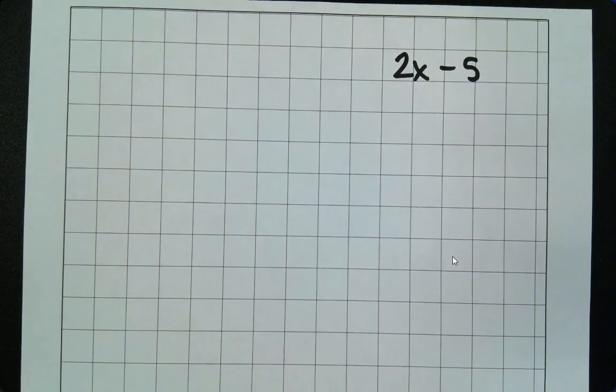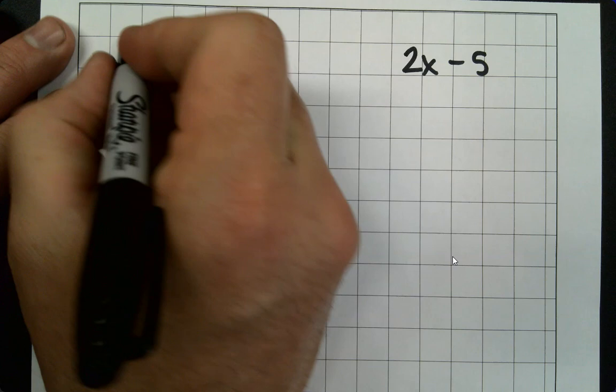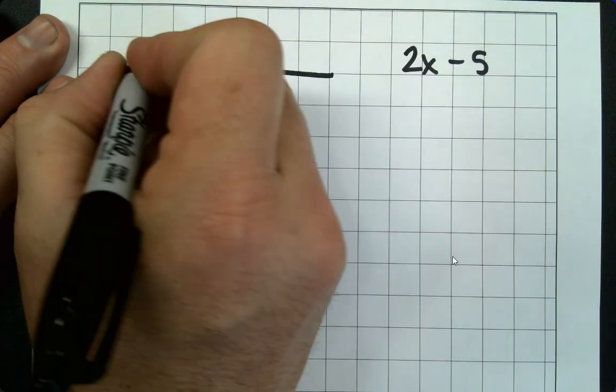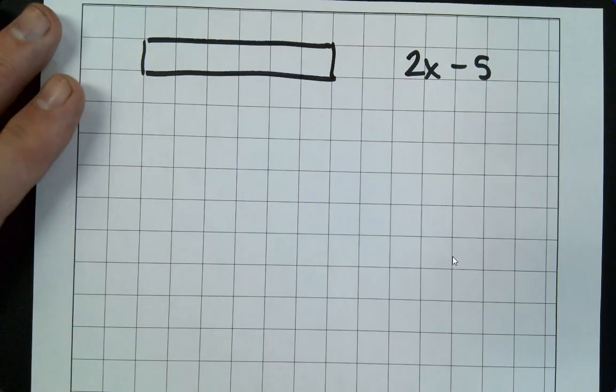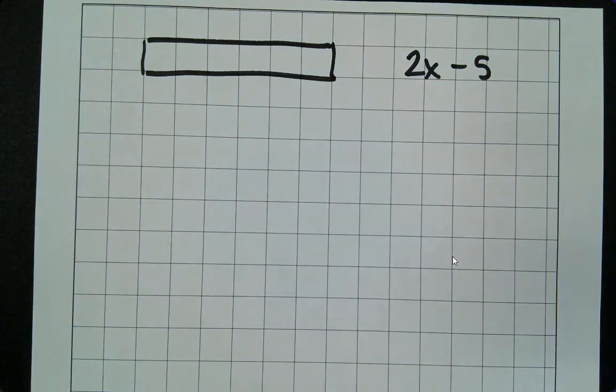Notice I'm not giving you the rest of this. I'm only giving you one side of it right now. So all I want you to think about is how do we do just the top box with this?